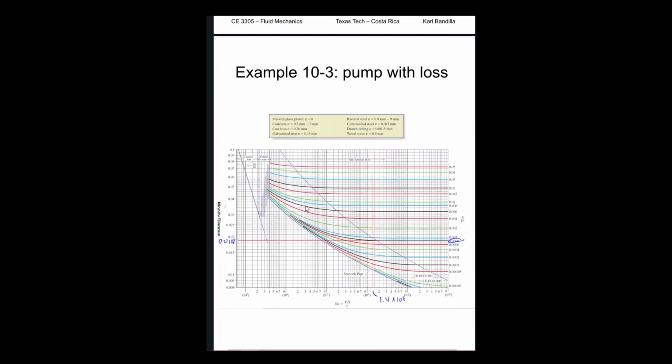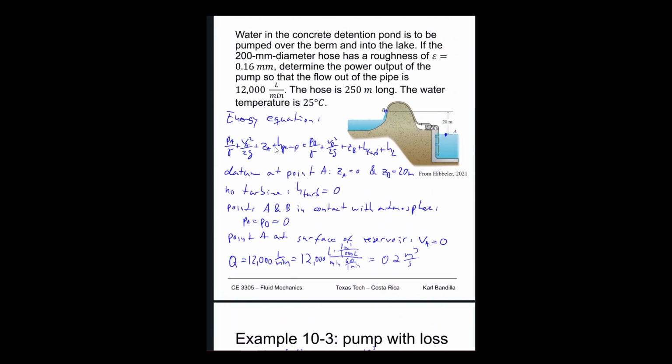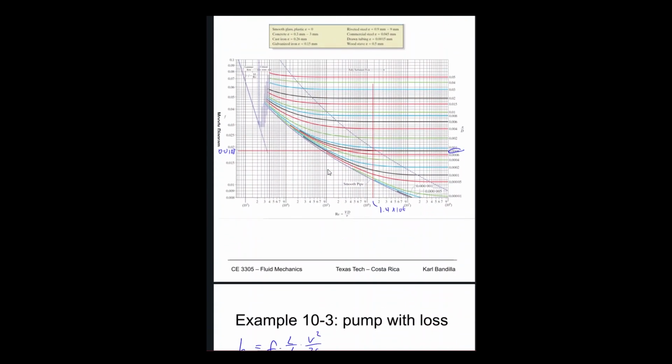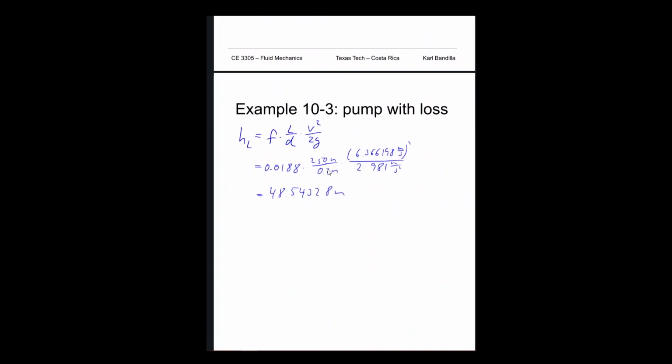All right, with that, if we go all the way back up top, we have our energy equation. We now have all the terms ready. So let's write our energy equation again, now with all the terms as they are. We started with P_A equal to 0, V_A equal to 0, Z_A equal to 0, and then we have h_pump. And then P_B was equal to 0. We calculated what our V was, so V squared over 2g.